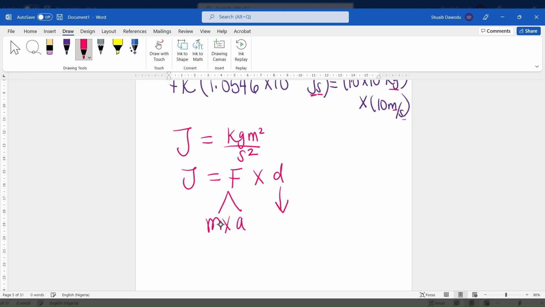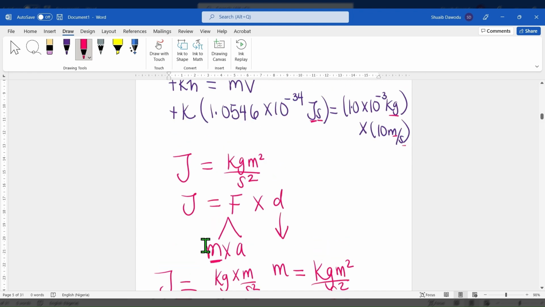So the unit for mass is kilogram, the unit for acceleration is meter per second square, and the unit for distance is simply meter. So the SI unit for energy is kilogram meter squared per second square, aka joules can also be written as kilogram meter square per second square.